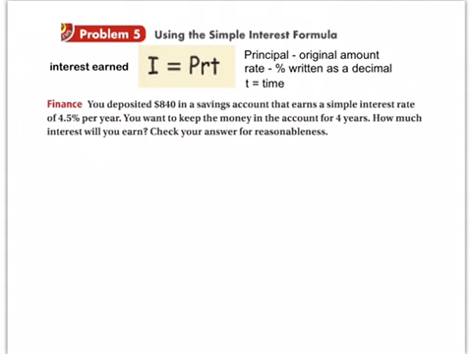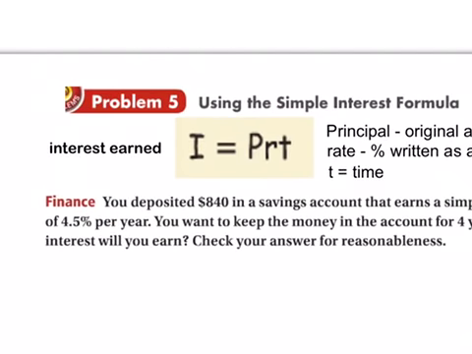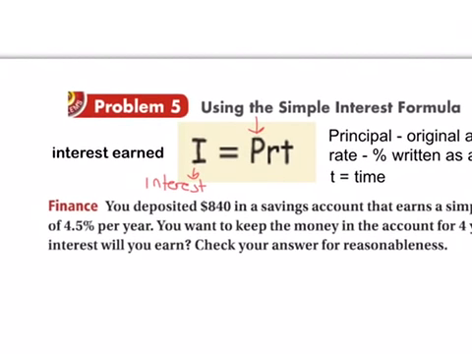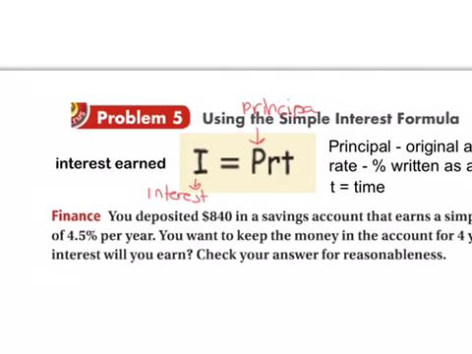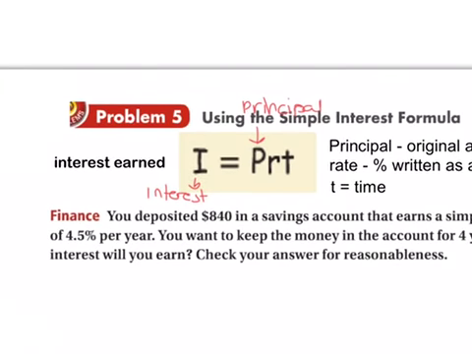Okay, moving on to problem 5, it's a little bit different. This time we're going to use the formula for simple interest. And in this formula, the I is standing for the interest. That would be the amount of money you earn in the account over time. P is the principal. That's the amount of money I would start off with.